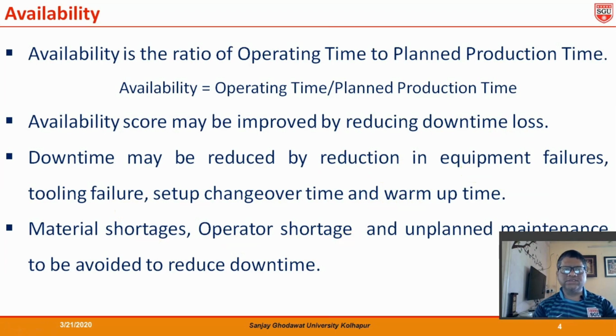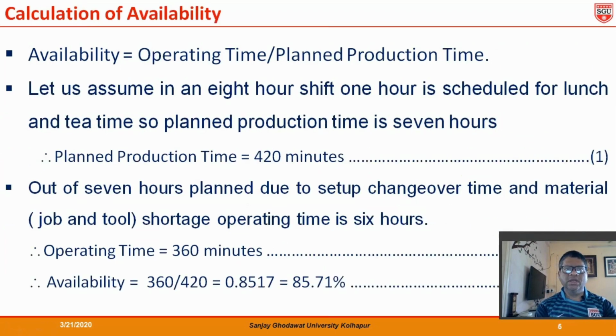Let us try to understand with an example. If a shift is of 8 hours, out of 8 hours we actually run for 7 hours because some time is reserved for lunch as well as tea time. So, planned production time is 420 minutes, but if we utilize only 360 minutes, this is a typical example in most industries.